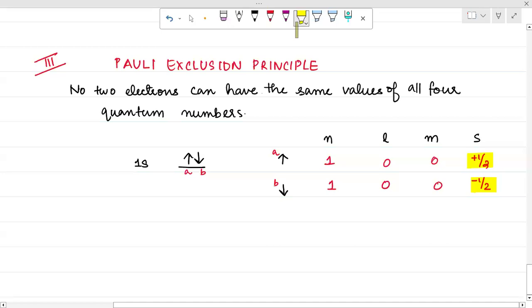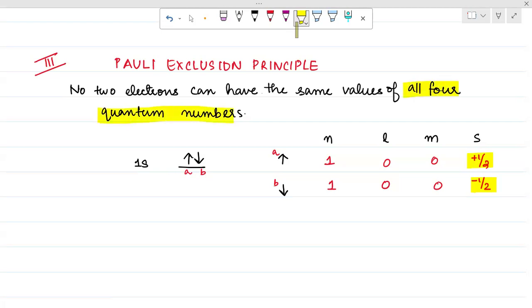It means maximum 3 quantum numbers can be the same, but all the 4 quantum numbers cannot be the same. If you take any two electrons, they cannot have same quantum numbers.